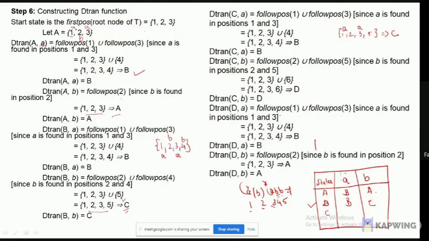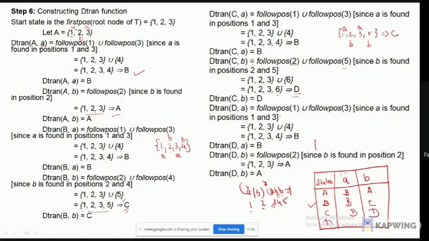So the destination state is B. For the transition on b, we take the follow position of 2 and 5, as both represent b. The follow position of 2 is 1, 2, 3, and the follow position of 5 is 6, which is the hash. So 1, 2, 3, 6. Let me give the state name as D.